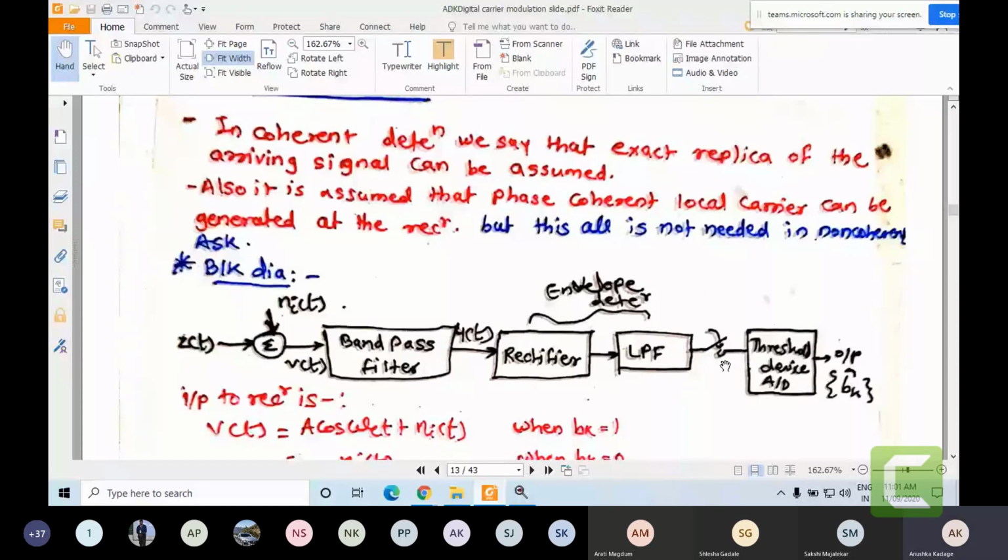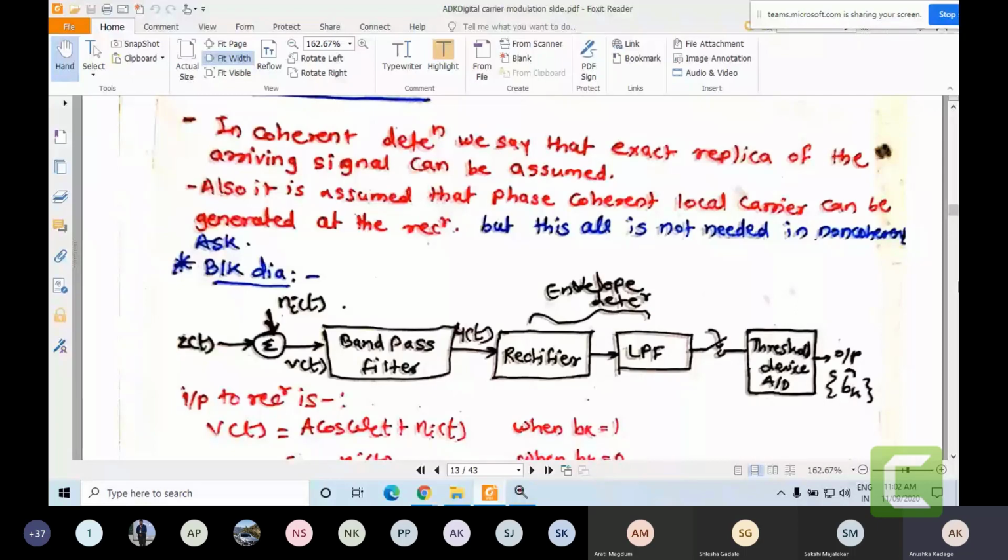Every time this sampled output will be compared with some T0 value. If this sampled output is greater than T0, the output for this device will be 1. And if the sampled output is less than the threshold level, then the output decoded will be 0. In this way, this demodulation process is going to happen.